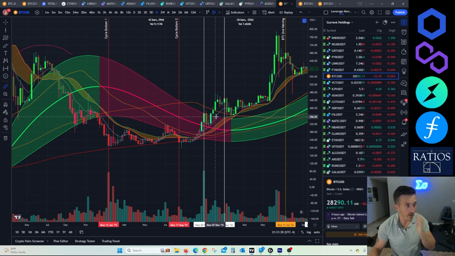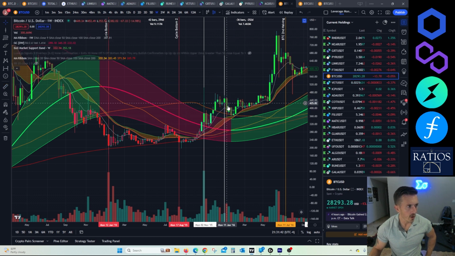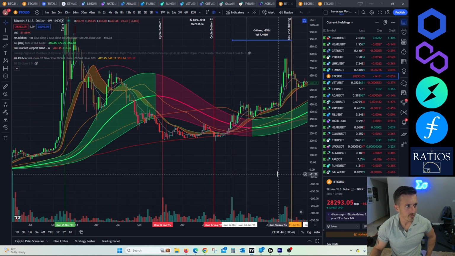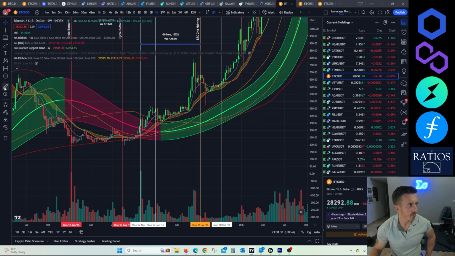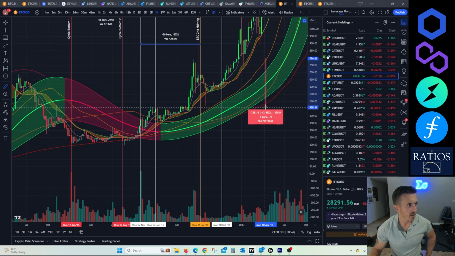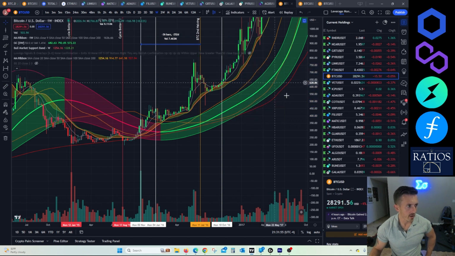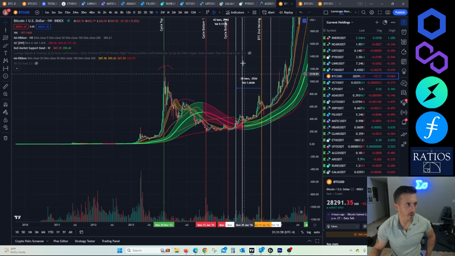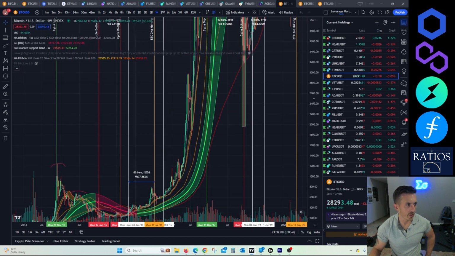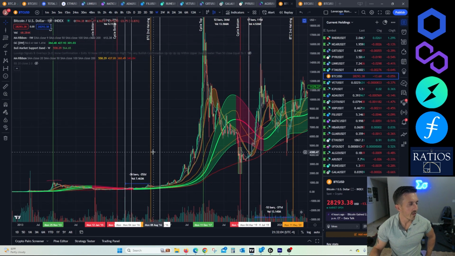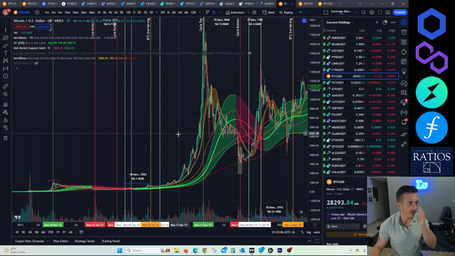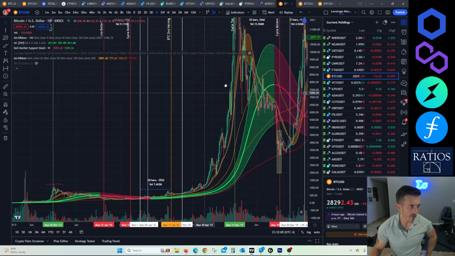From the break of the Gaussian channel here, it went up about 30%, retested the Gaussian channel, went on a face-melting rally of 115%, dumped 40%, and then just went absolutely bonkers. I mean, look at this. Look at the slope on this parabola here. That is insane, right? That's what happened in 2015.